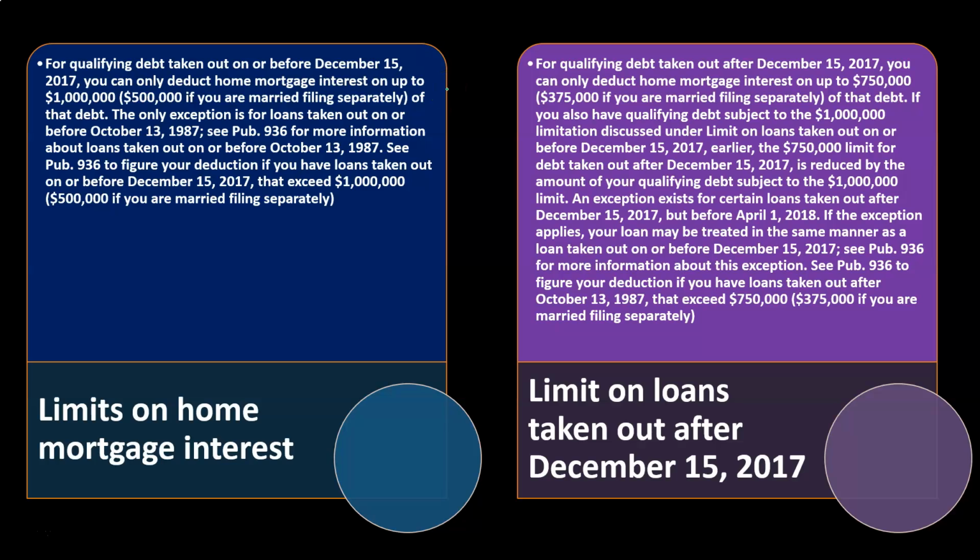You can only deduct home mortgage interest on up to $1 million, or $500,000 if you are married filing separately, of that debt. And then after that point in time, for qualifying debt taken out after December 15, 2017, you can only deduct home mortgage interest on up to $750,000, or $375,000 if you are married filing separately, of that debt.